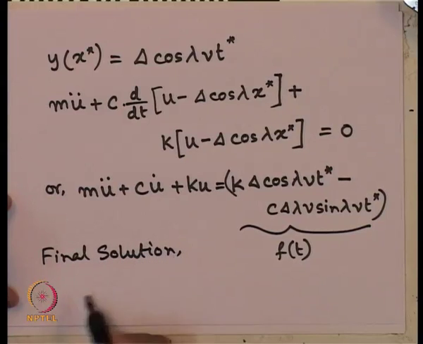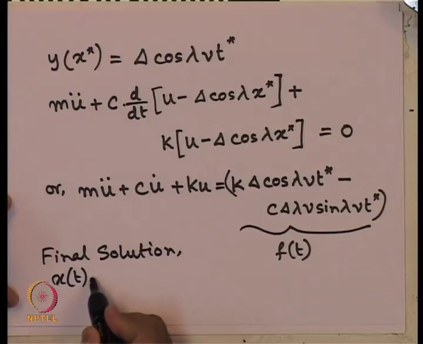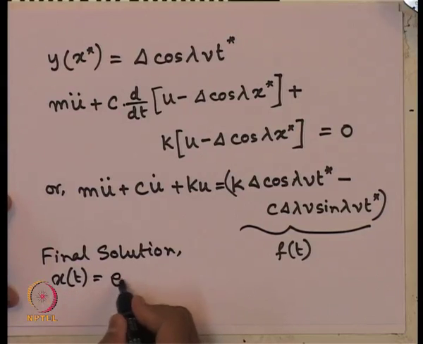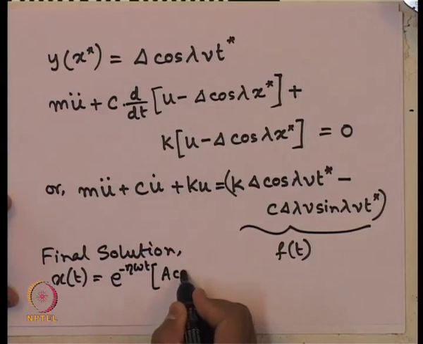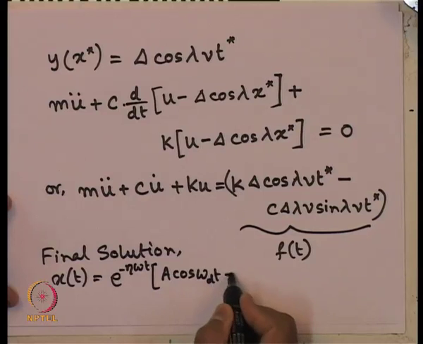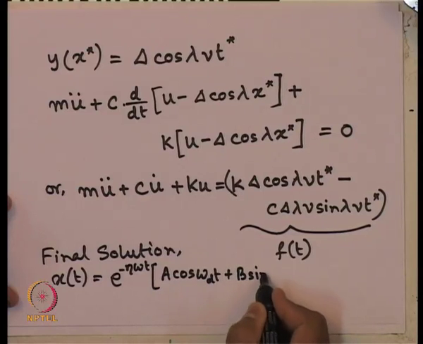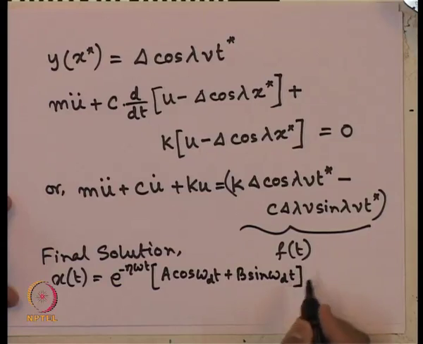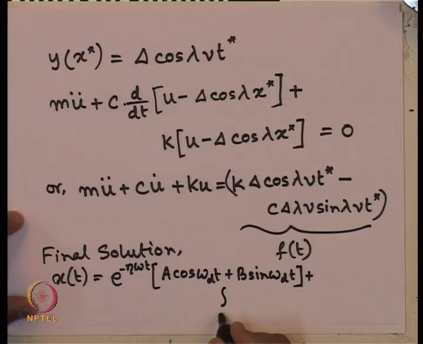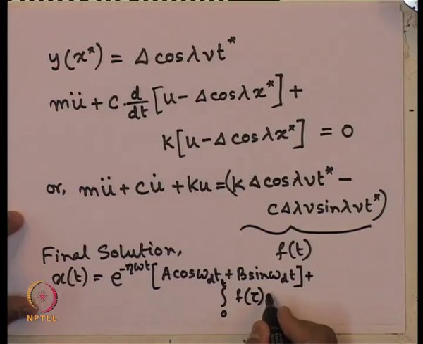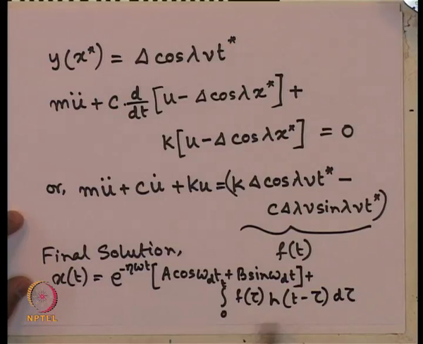The final solution we can represent as x of t equals e to the power minus eta omega t, a cosine of omega d t plus b sin of omega d t, plus integral 0 to t f of tau h of t minus tau d tau, because that was our solution for any arbitrary load.